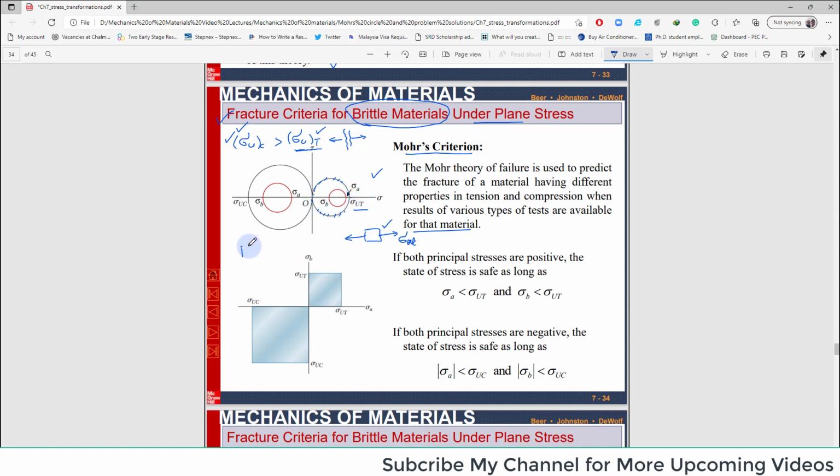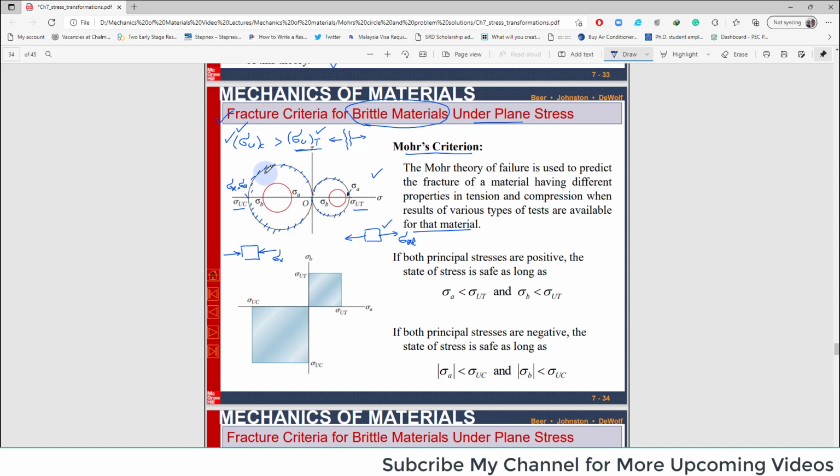Similarly, if you have an object and you compress it, clear, so sigma x. For the compression test, the standard Mohr circle will be this one, and this sigma u compression is equal to sigma A or sigma x. Clear?